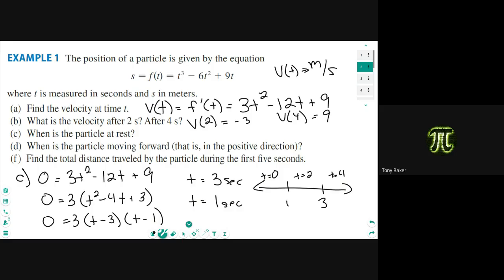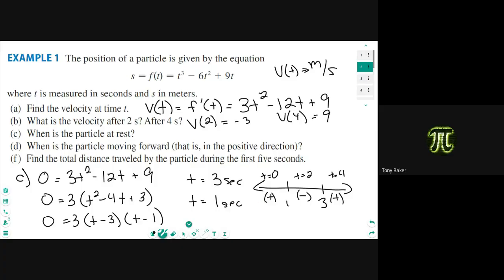So if t equals 2, that's negative, right? Because we already did that one. And t equals 4, that's positive. So t equals 0 is what? If you plugged in 0, what do we get? We get positive 9. So it's positive.